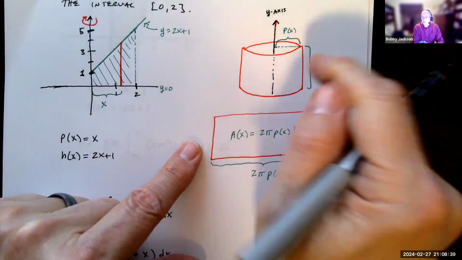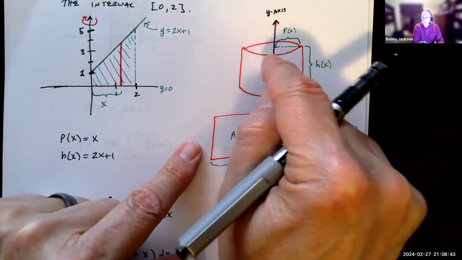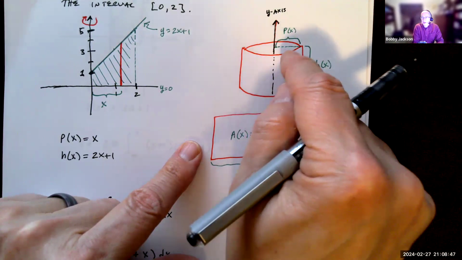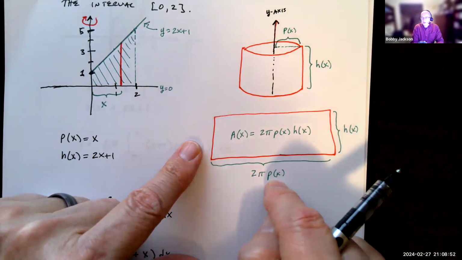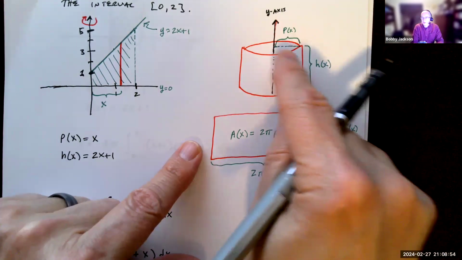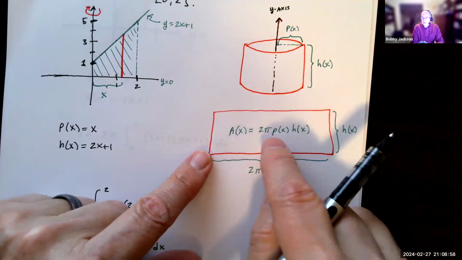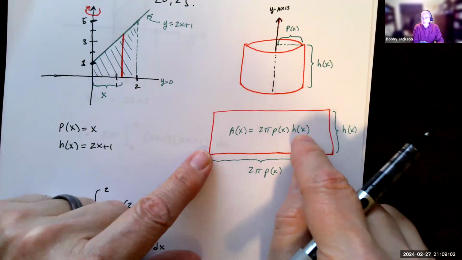And what's this width going to be? What's the distance around a circle, which is pi times the diameter, or pi times twice the radius. Since the radius is p of x, it's 2 pi times p of x. That's the circumference around the circle, that length. So the area of our shell is the length, 2 pi p of x, times the height, h of x.